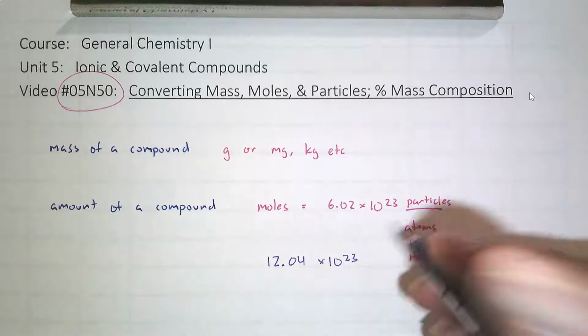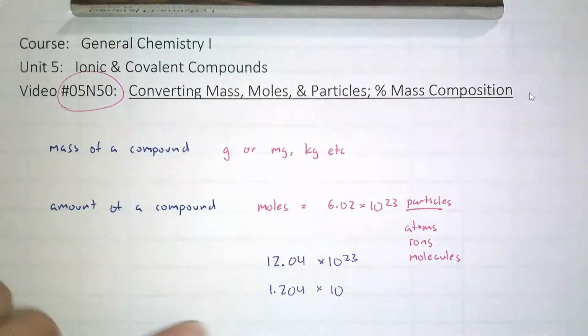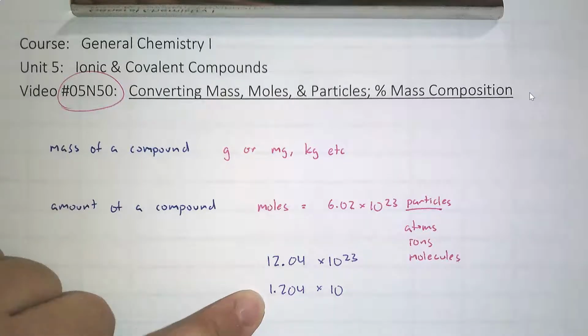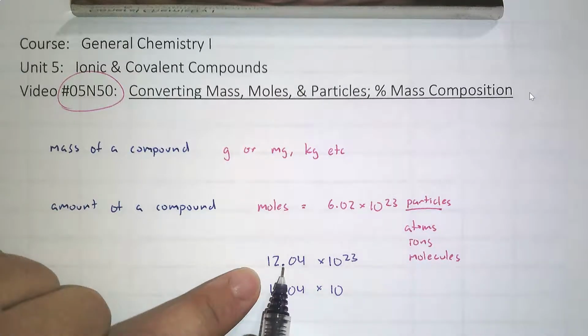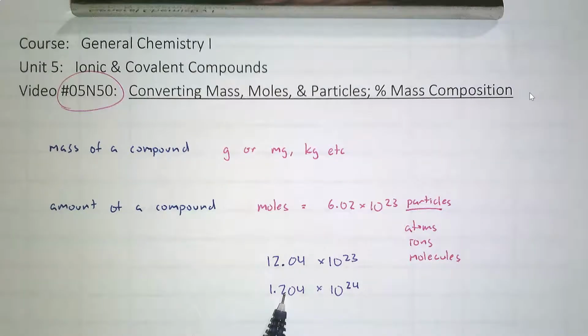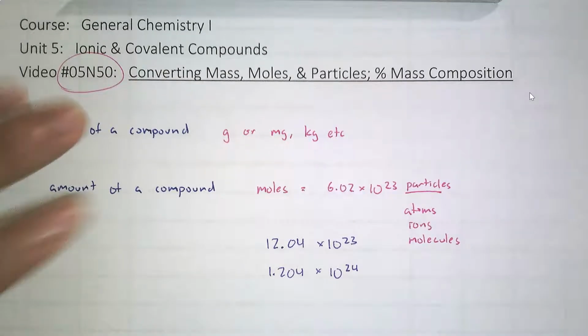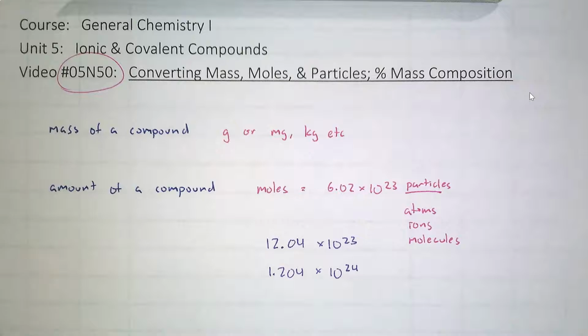Proper scientific notation would be 1.204 times 10, and this is where I typically mess up. So that has to get bigger. So this has to be 10 to the 24. If I move it one over, 10 to the 23, 10 to the 22, so 10 to the 24. So an amount can be in moles.